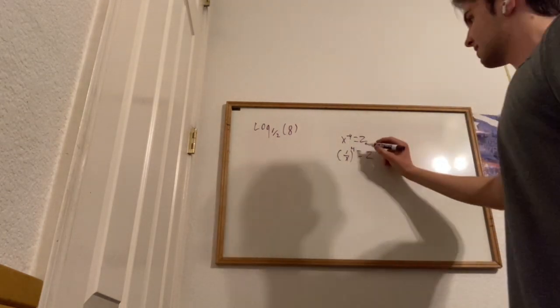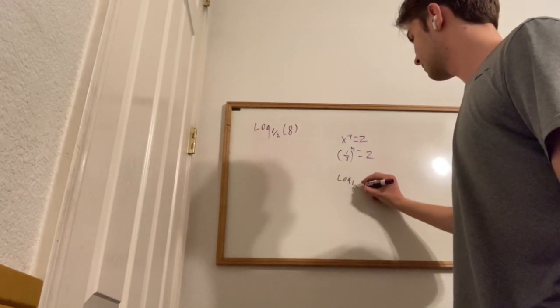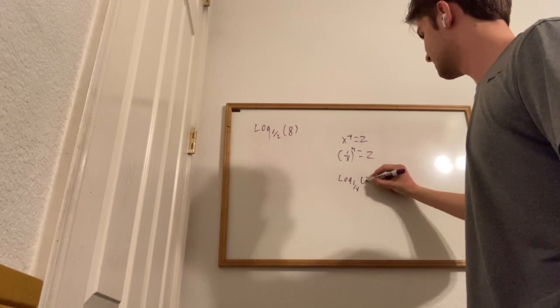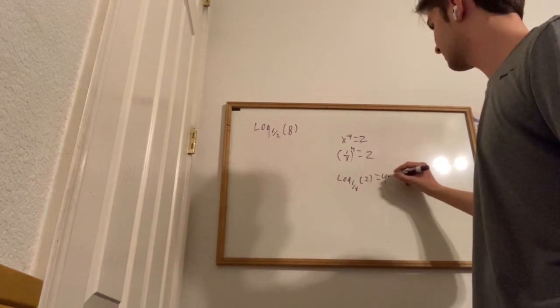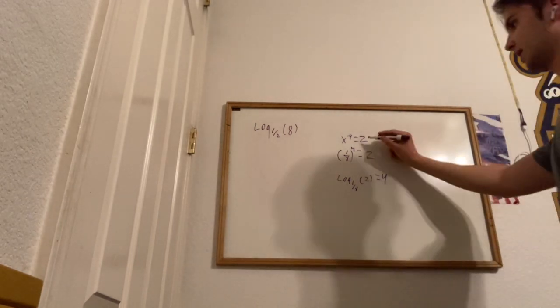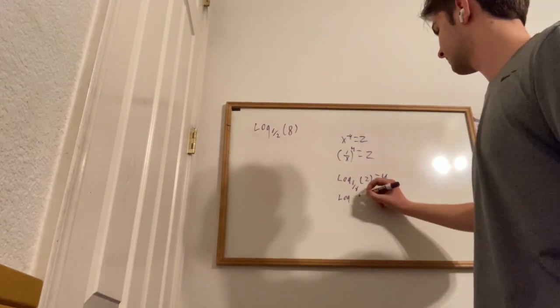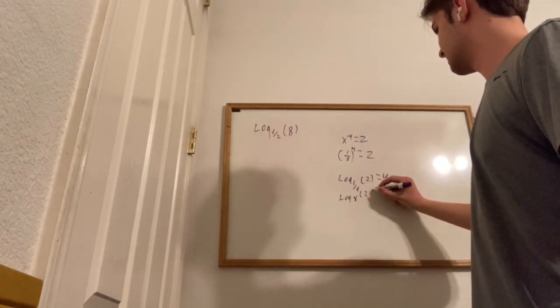You can rewrite this as log base 1 over x of z equals y, and then you can rewrite this as log base x of z.